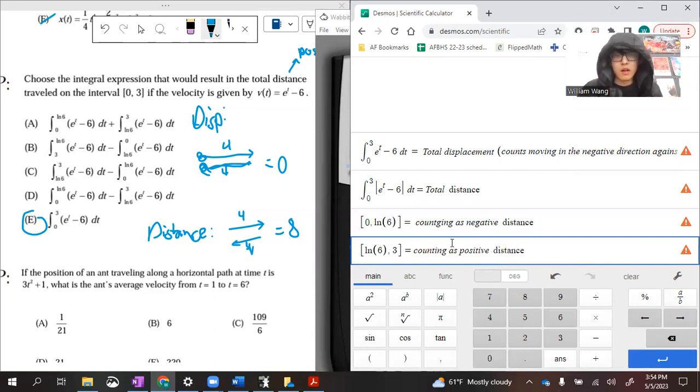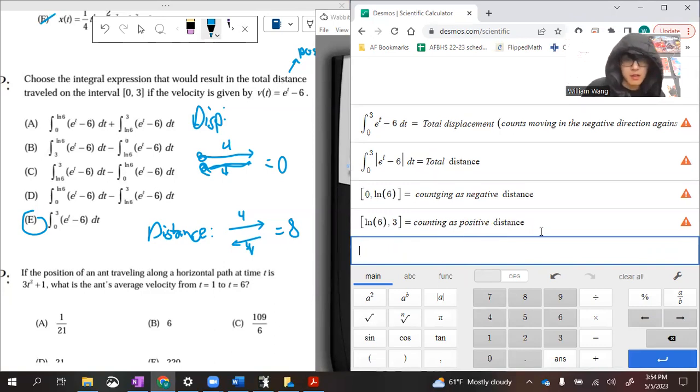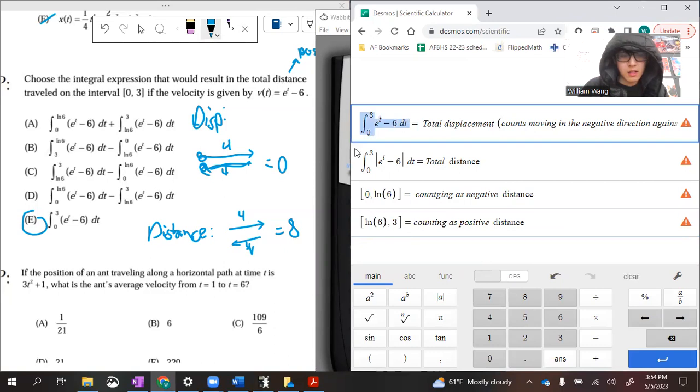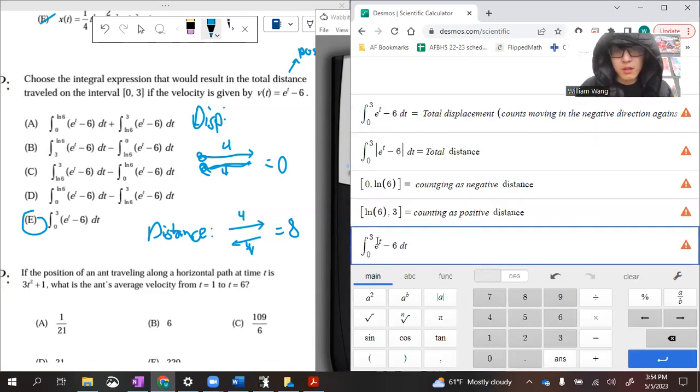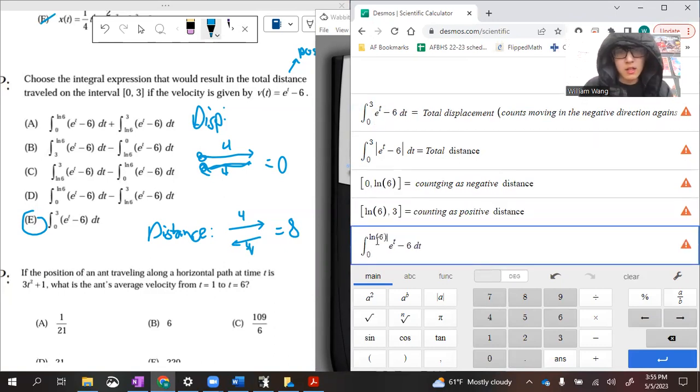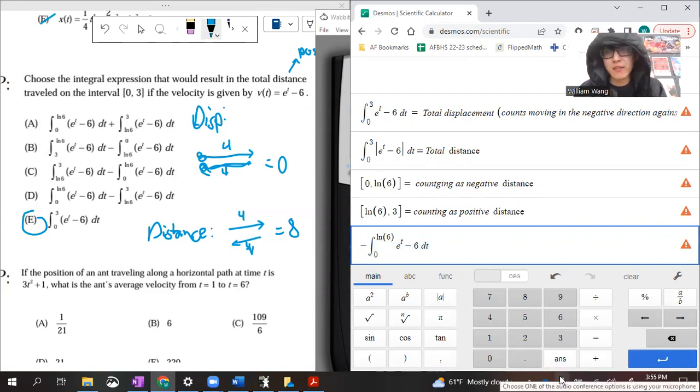All right, so let's actually clarify that. When I integrate from 0 to ln of 6, this is counting as negative distance. So how do I make it not count as negative distance? Well, let's turn it negative, which actually turns this positive.